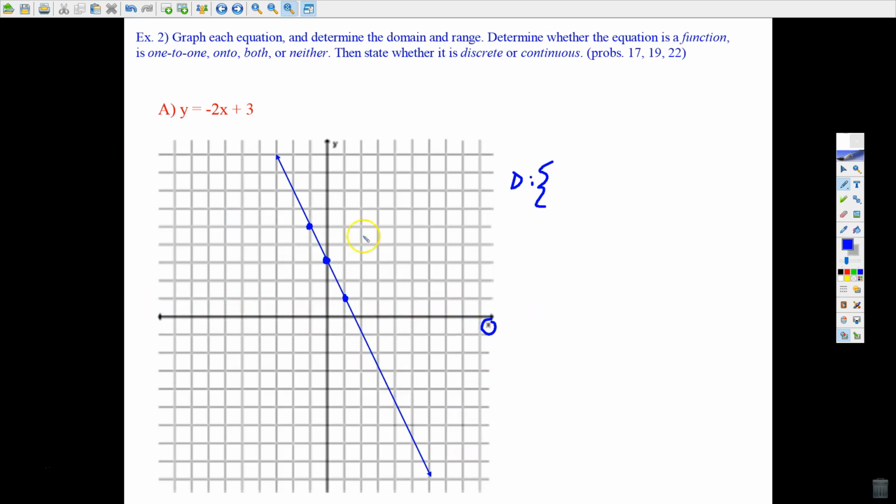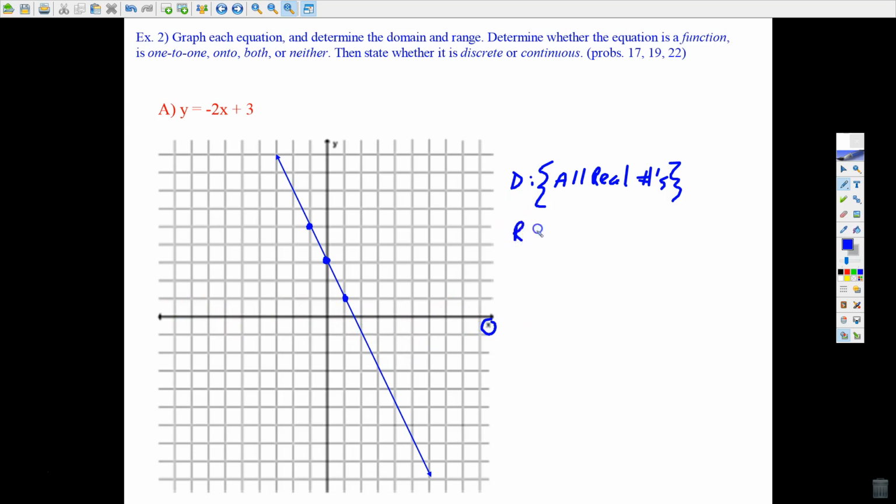So the way we describe the domain, all the x values that would be ordered pairs on this particular line, it would be all real numbers. Every real number we could think of for positive and negative infinity, because that's the way it's going to continue to go, both left and right.